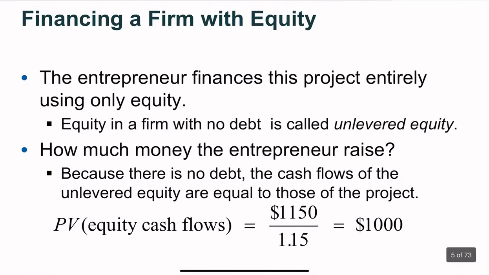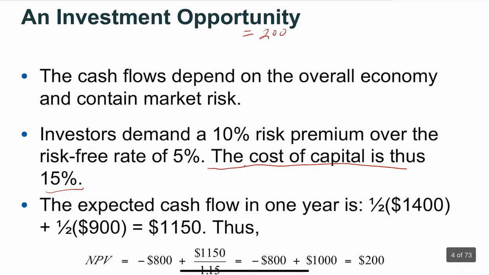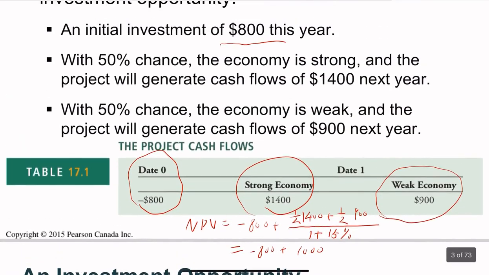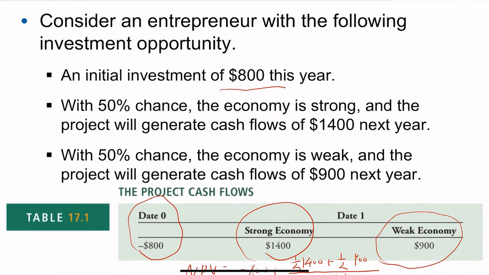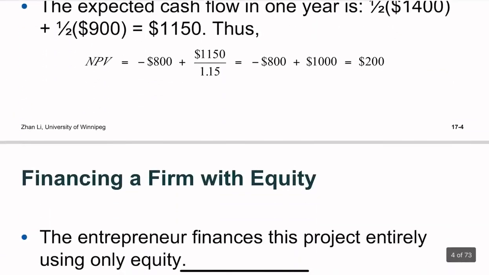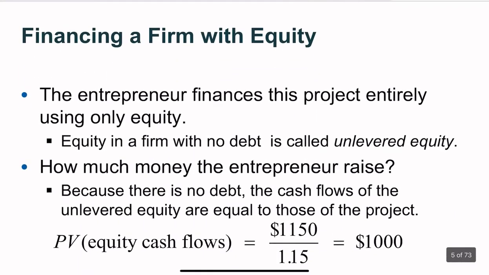Now let's talk about financing. Here you can see that the entrepreneur wants $800 to make the investment. Let's assume the entrepreneur absolutely has no money, so he has to raise some money to finance his venture. First, let's say the entrepreneur finances his project using only equity.